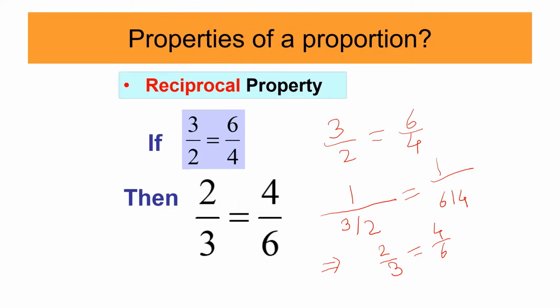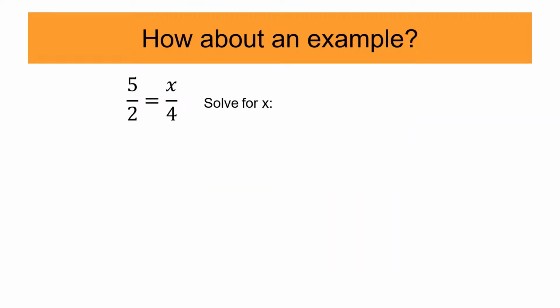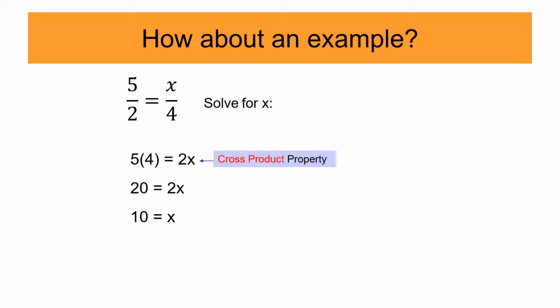Now we solve this example. 5 by 2 equal to x by 4. Then we have to find the value of x. So we can write 5 into 4 is equal to 2 into x.